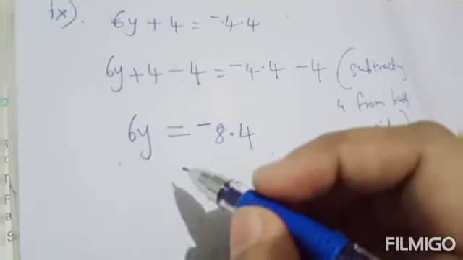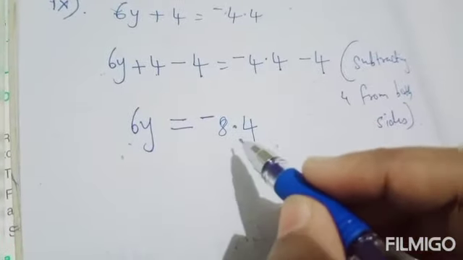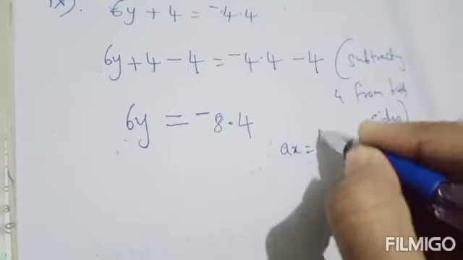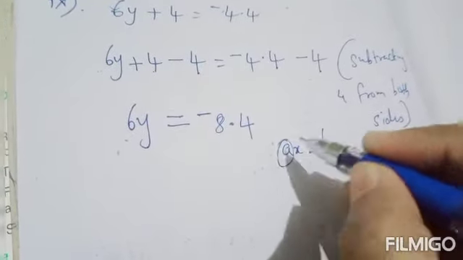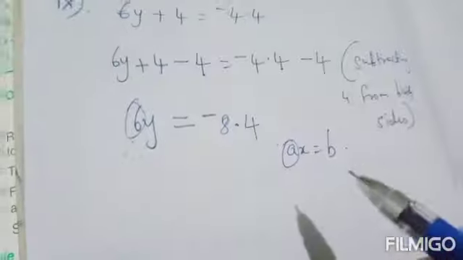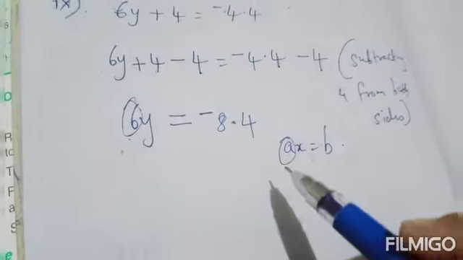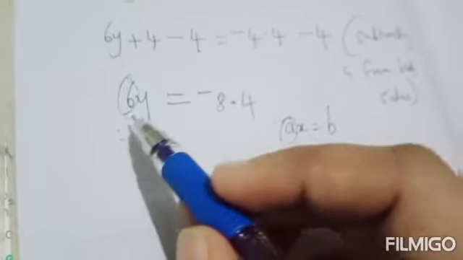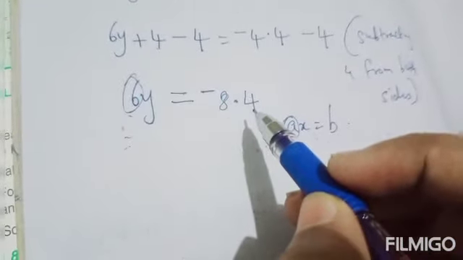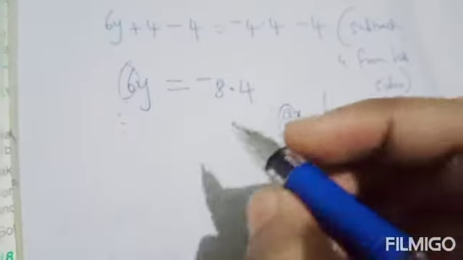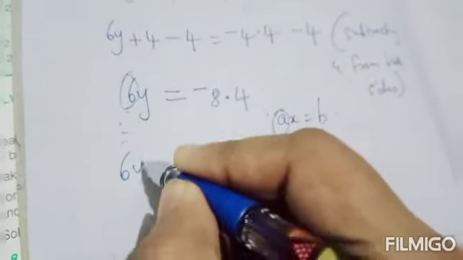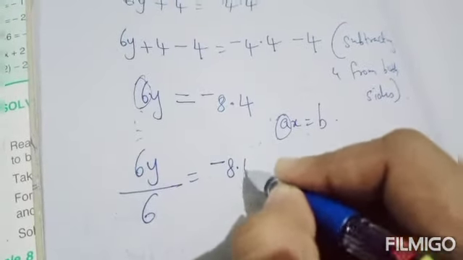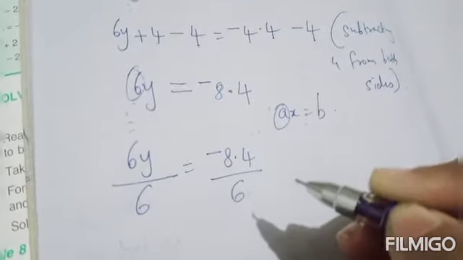Okay. Now 6y equal to minus 8.4 is of the form ax equal to b, where in place of a, 6 is coming. So a equal to 6 here. So divide both sides of the equation by 6. So you will get 6y by 6 equal to minus 8.4 by 6.